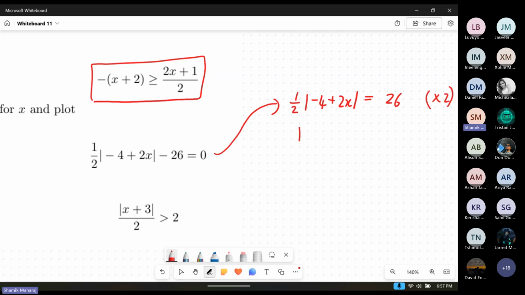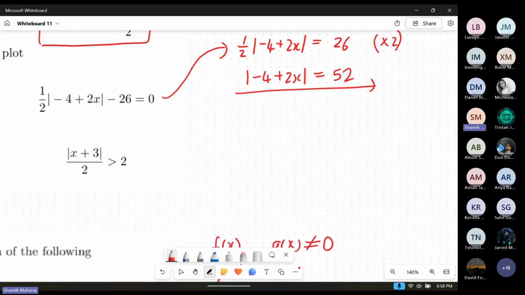All right, so the half will cancel out here. We're left with only the absolute value part. And let's see if my head will work now. 52, right? Yeah, 52.